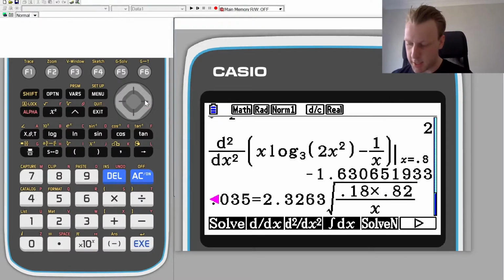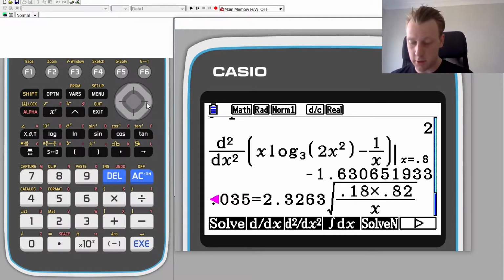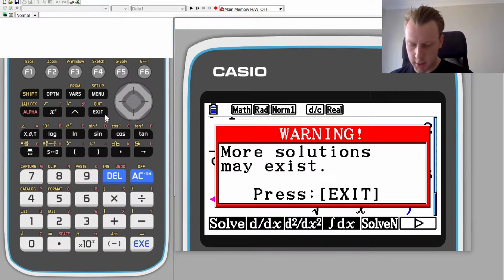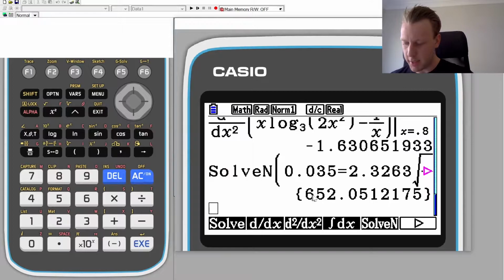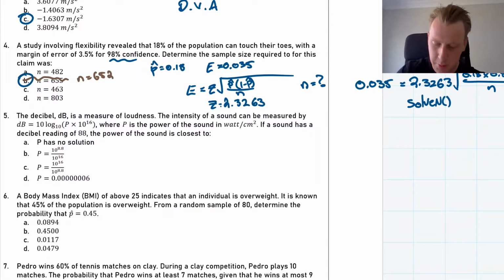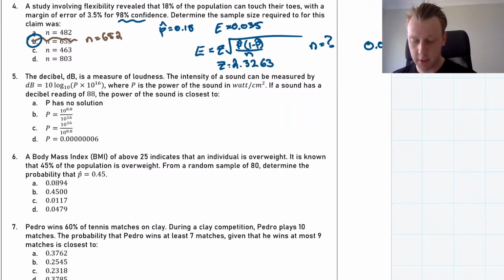In this case, that's my n. Now, don't put your bracket here. If you put your bracket there, that's inside the square root, and you're going to get a syntax error. So make sure you put your bracket at the very end. And we get 652. So that was B, which was the solution I had to fix up because I put the wrong number there.